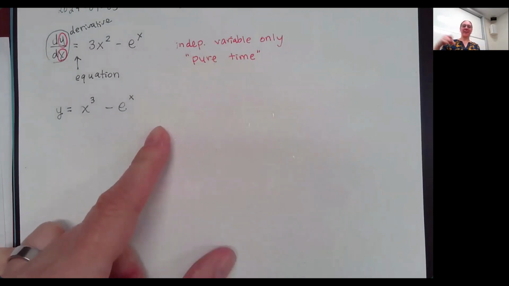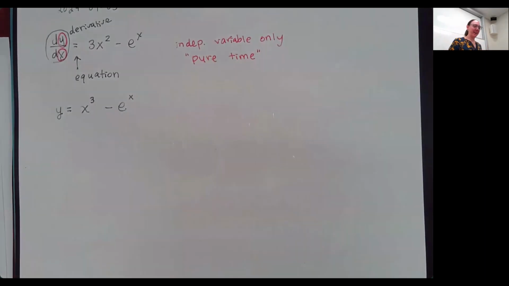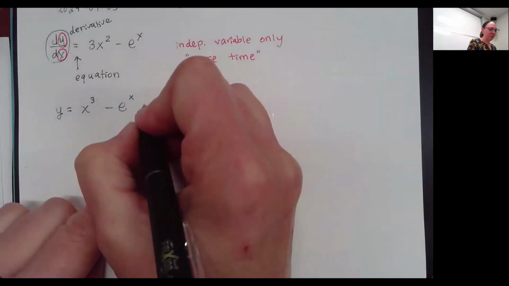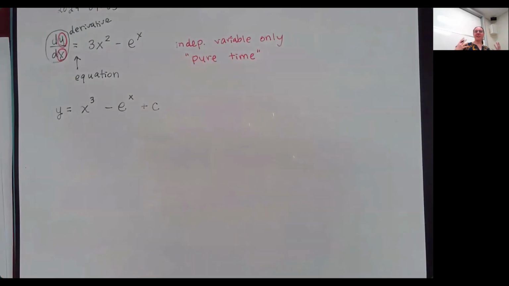Just like in 19b, when I take that antiderivative, I really have a family of antiderivatives with some sort of plus c constant. And if I've been given more information in the problem, I can solve for what that constant is.